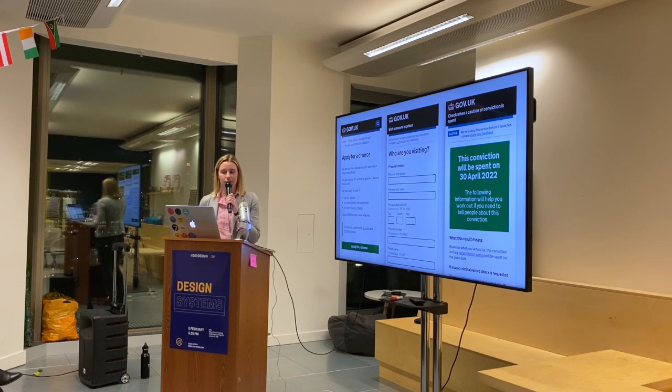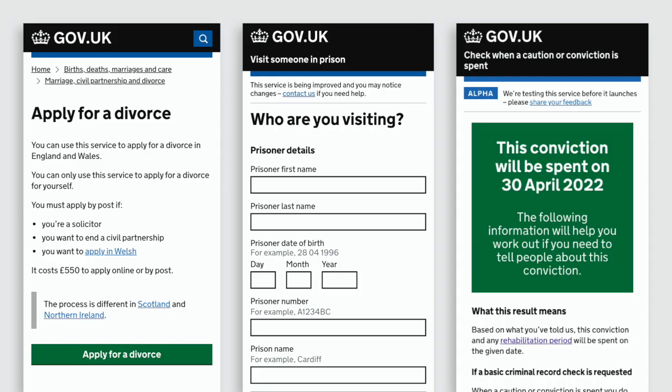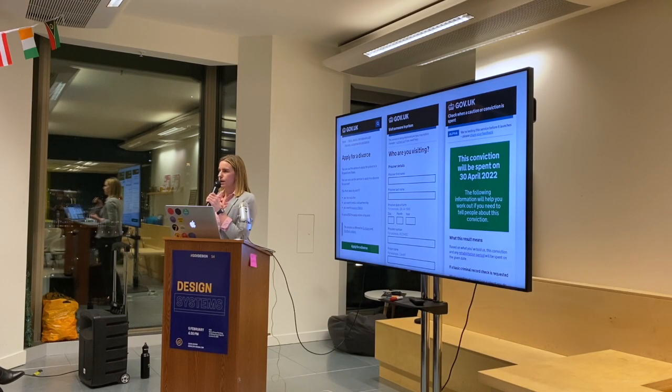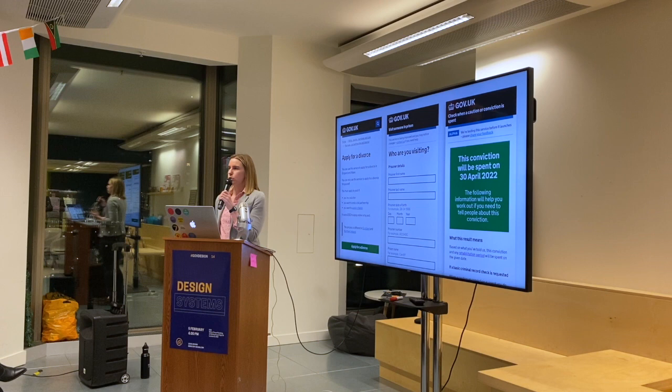Another example is checking when a caution or a conviction is spent. It's about bringing people's data back into the ownership of themselves. Rather than this data being held in government and something you can't access yourself, you are actually able to own that data and know more about what's going on with yourself so that you can make better decisions and feel like you have more control over your life.